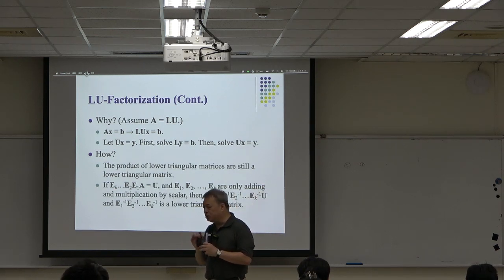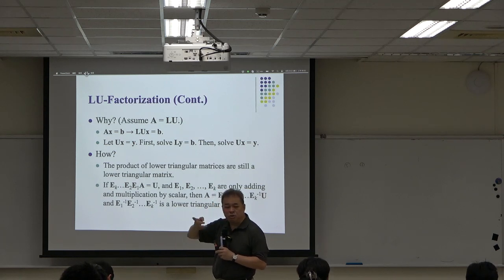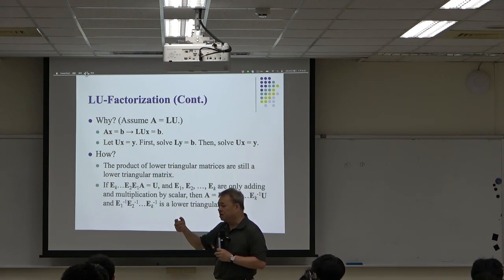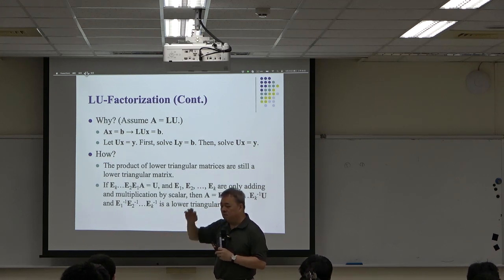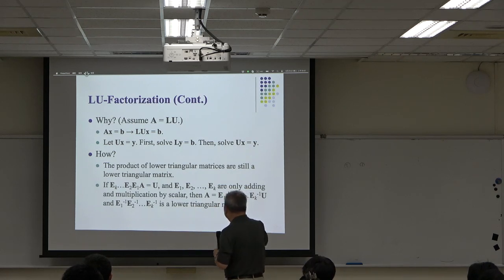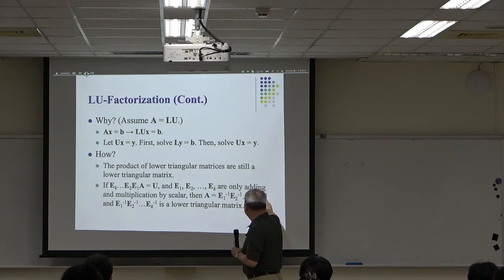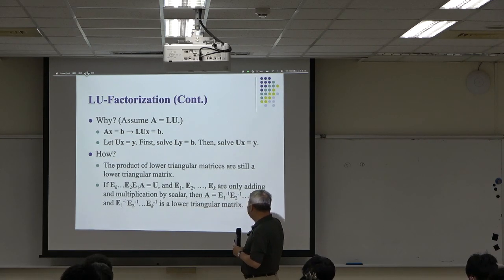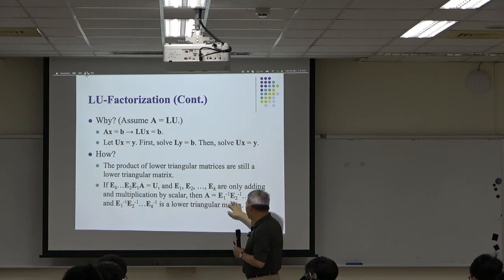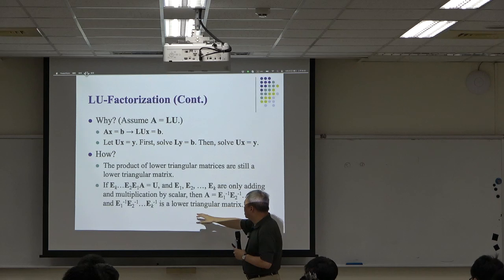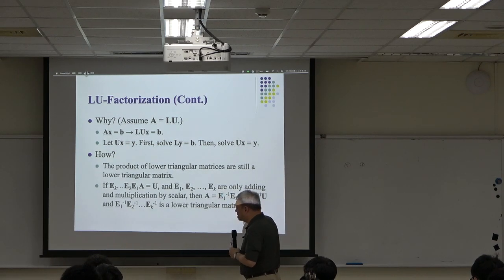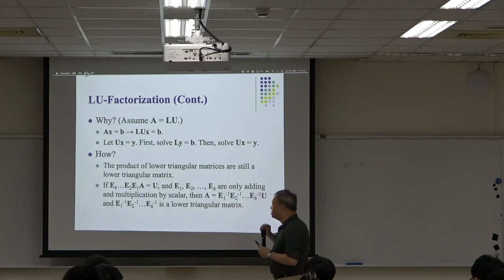We do not include exchanging two rows here. 我们没有包含那个交换两个 row， 这边讨论的 elementary row operation 只有两种形式，一个是某一列乘上一个数字，或者某一列乘上数字加到下面的列。OK， 那如果是这样子，then A equals the product of inverses times U, and the inverse of each is still lower triangle. They are all lower triangle. So the multiplication of them is a lower triangle matrix.